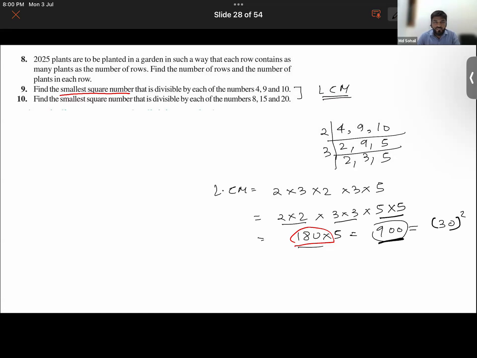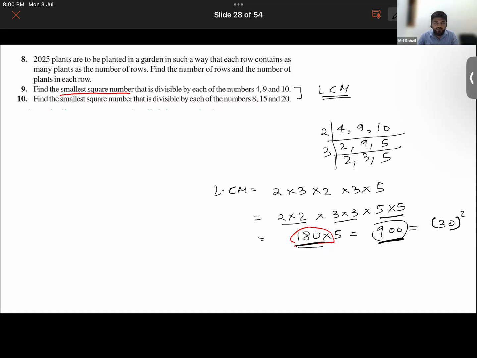Yes, sir, but why did we multiply it by 5? Because the question says that we need to find the smallest square number that is divisible by each of the numbers 4, 9, and 10. So we saw here, upon finding the LCM of 4, 9, and 10, we got 180.